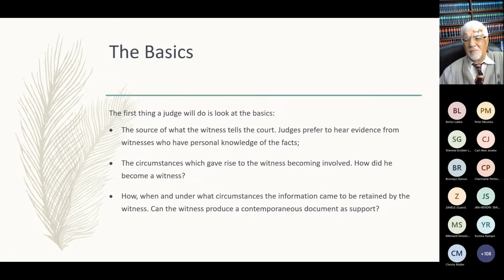Where did you get that from? Were you there? So the judge wants to clear that up. The circumstances which gave rise to the witness becoming involved. How did they become a witness? This person may have been a random bystander. So the judge needs to know that.